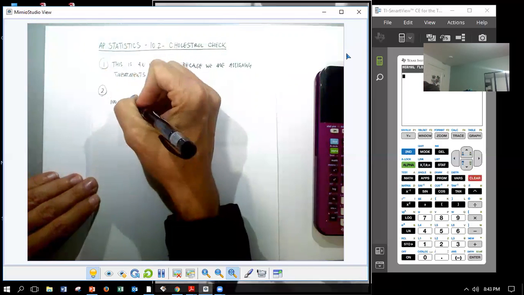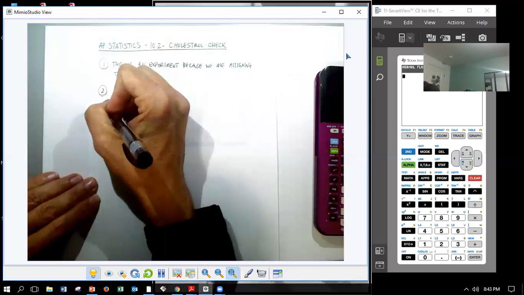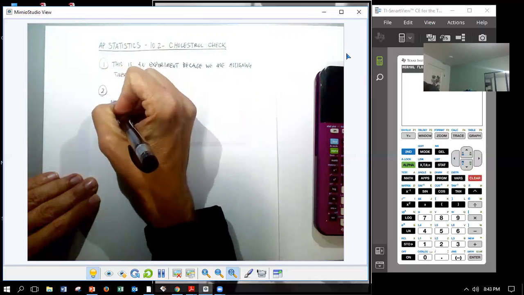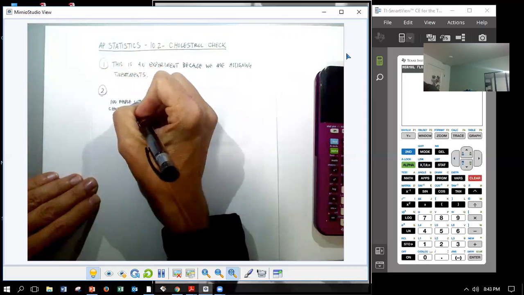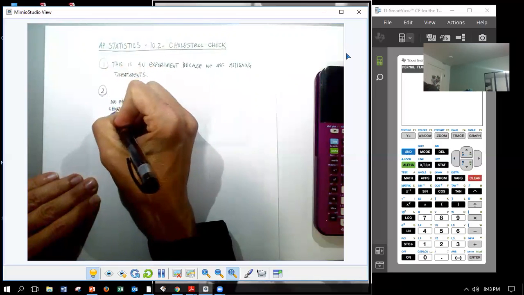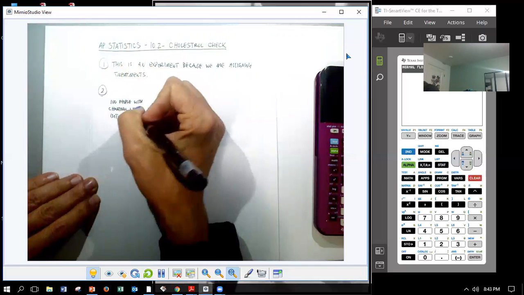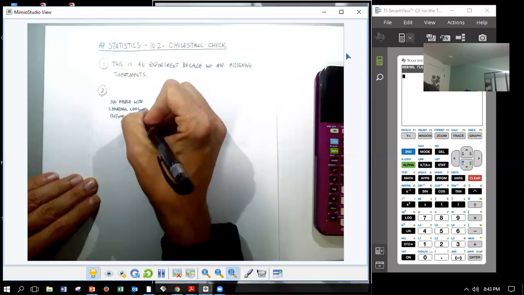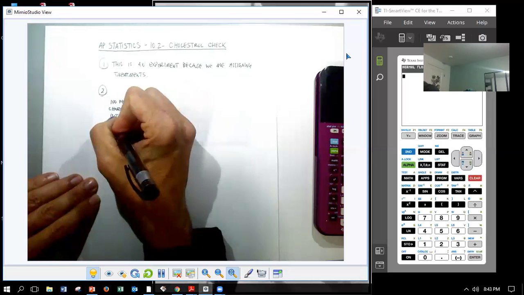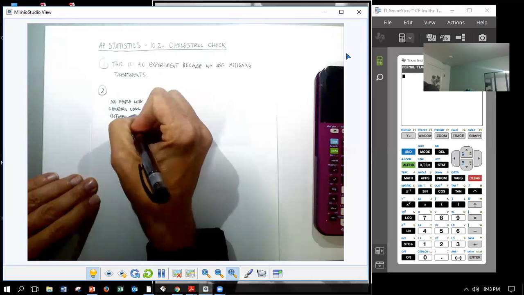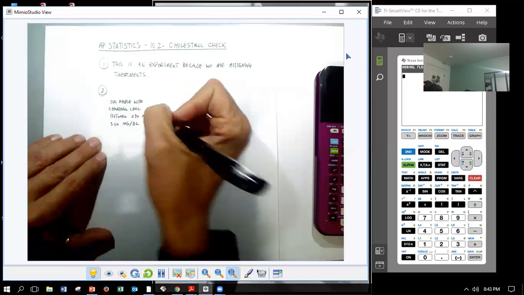So I'm going to say 100 people with cholesterol levels between 250 and 300 milligrams. Okay, and those are going to be my experimental units there.